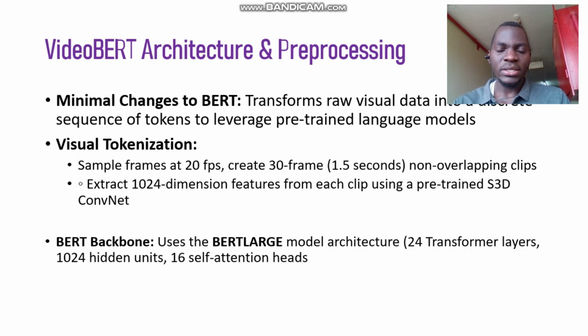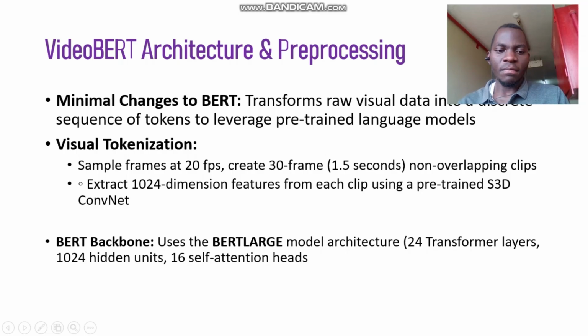For visual tokenization, it takes the sample of the video you have input and creates clips of about one and a half seconds. Let's say you input a 10-minute video, it is going to chop it into 1.5-second clips, and then it learns from the features in the clips.